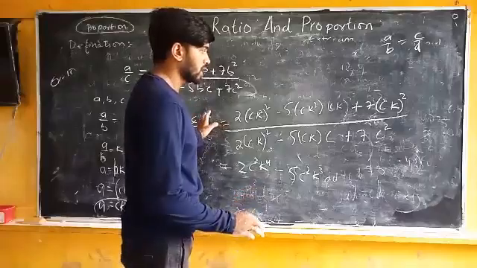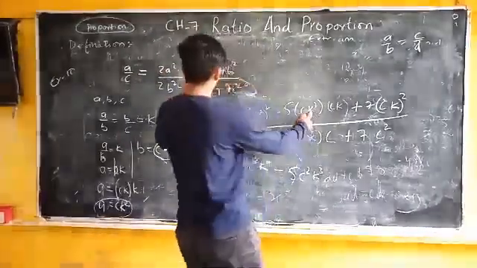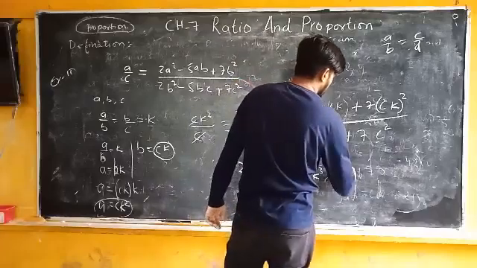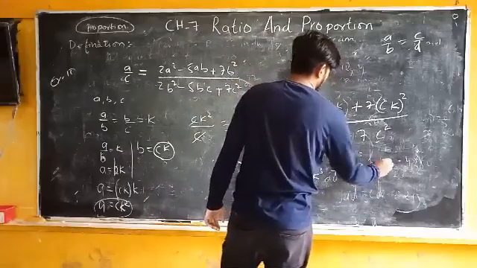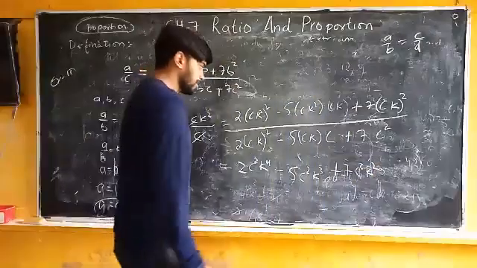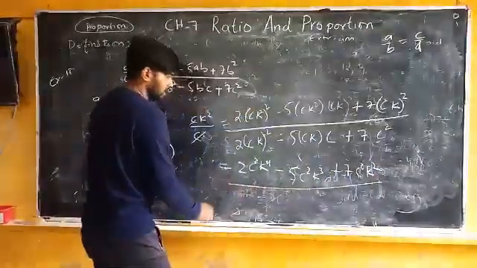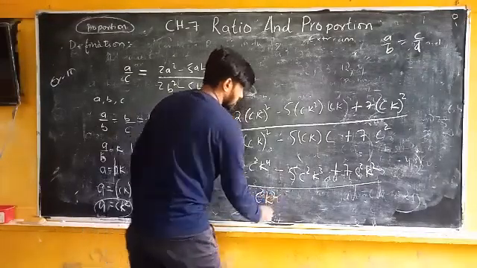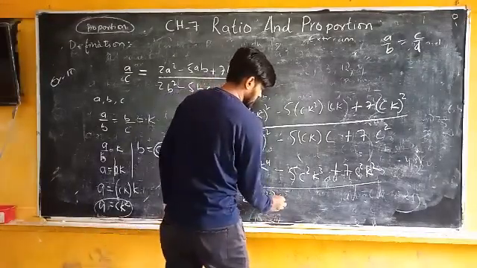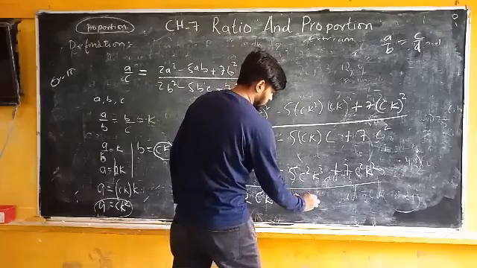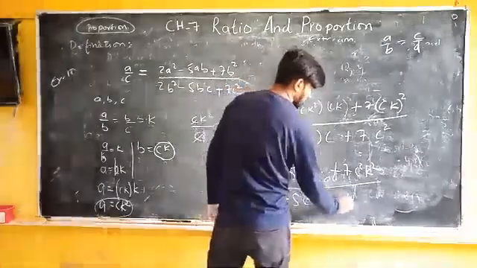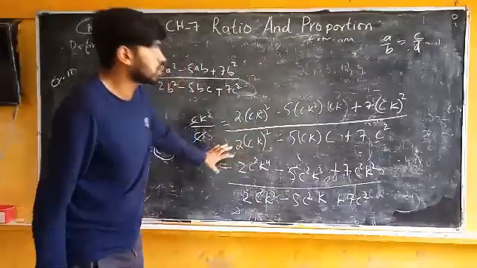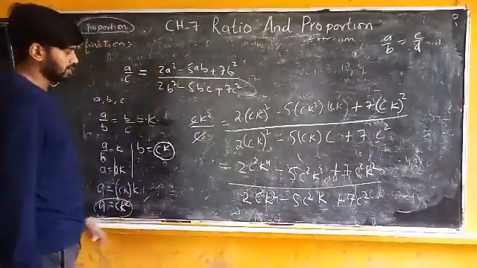I hope you are getting it, है ना? यहाँ तक A था, A की वैल्यू है B की वैल्यू, ठीक है? प्लस 7C square K square. ठीक है? नीचे क्या देखूंगा? 2C square K square प्लस माइनस 5C square K प्लस 7C square. अब आप ऊपर देखो क्या कॉमन है और नीचे देखो क्या कॉमन है, then we will do it.